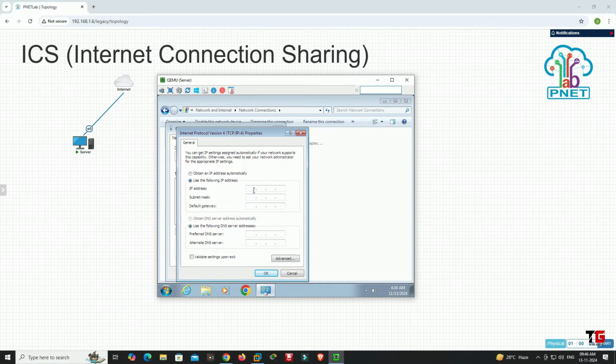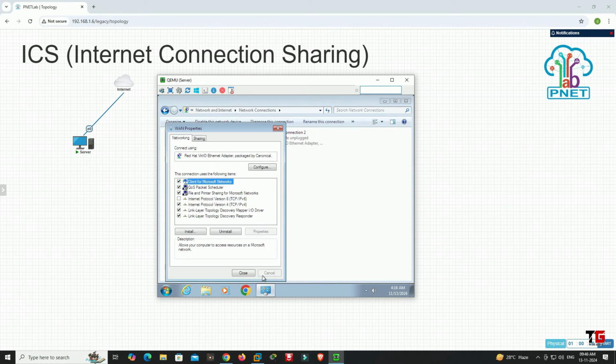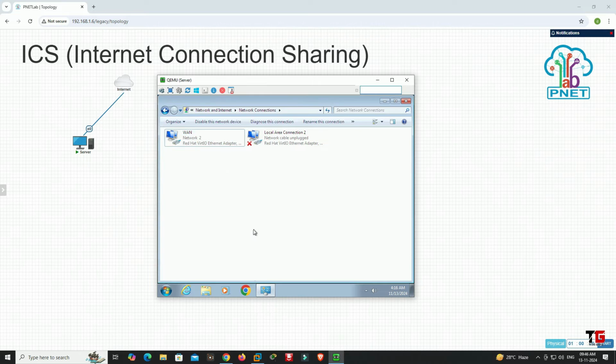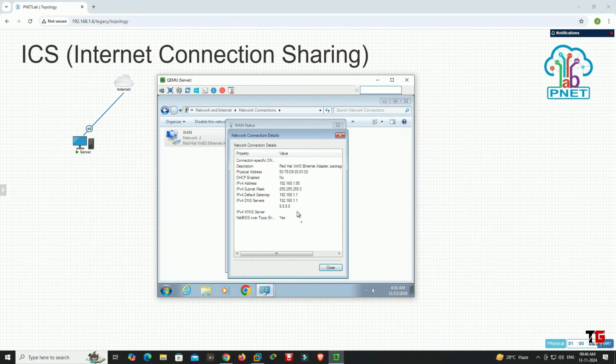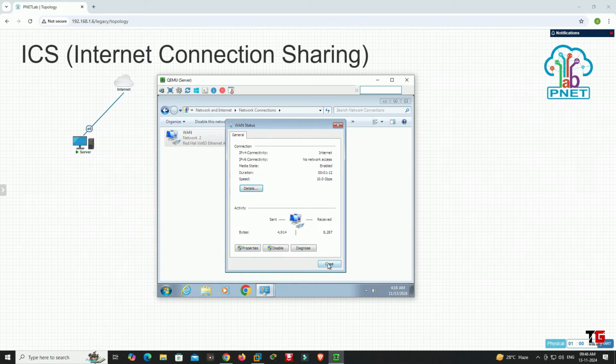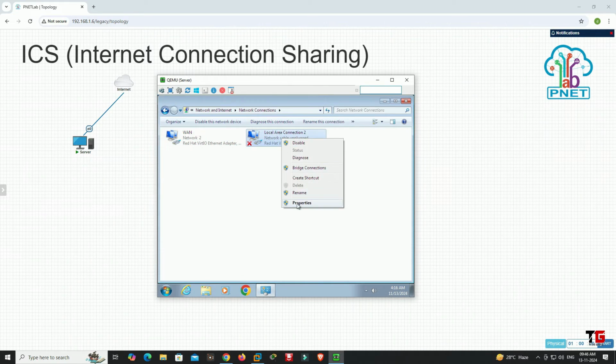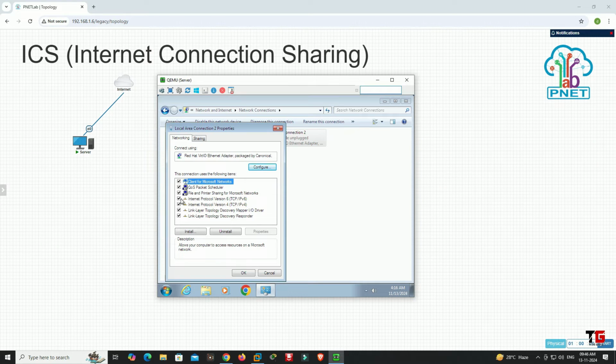Enter the static IP address that is provided by the ISP, meaning Internet Service Provider. Check that the second LAN card IP address is automatic.